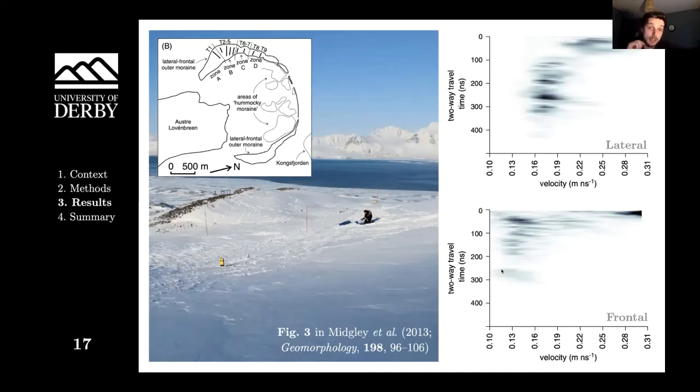We interpret these to indicate an ice-rich substrate in the lateral zone of these landforms and a debris-rich substrate in the frontal zones of these landforms. So we're starting to see some spatial variation in terms of the composition of these landforms. We may be able to use that to understand rates of de-icing across the landform assemblage.